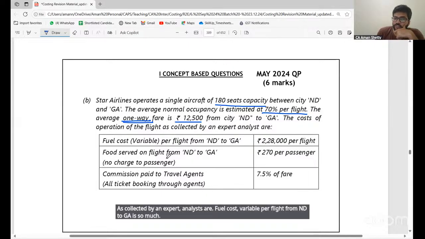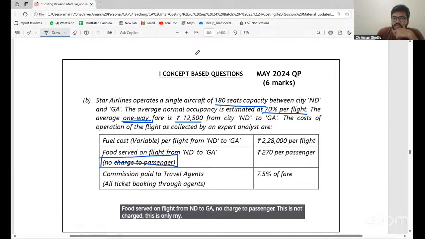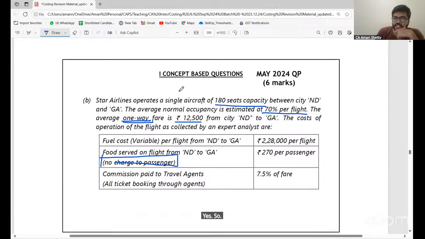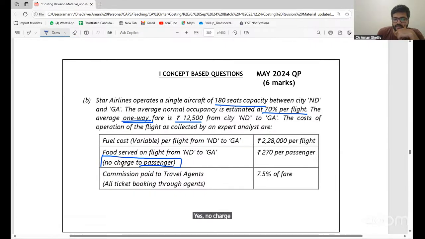Food served on flight from ND to GA, no charge to passenger. This is not a charge, this is only my cost. So for calculating margin, it would be required, but not for the purpose of calculating fare. It is 270 per passenger.